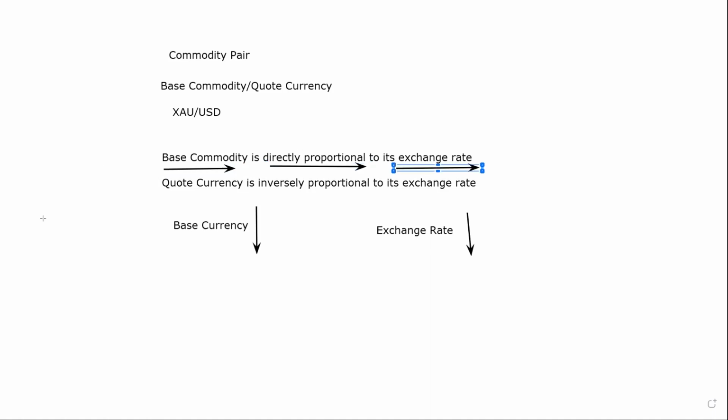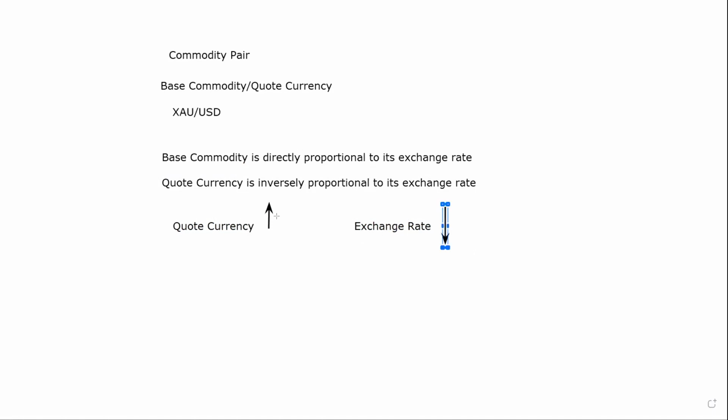Okay. Now we're going to see the quote currency. So, okay, this is a generalized formula. Now quote currency, and we're going to compare the quote currency's relationship with its exchange rate. So you know that quote currency is inversely proportional to its exchange rate. This means that when the value of the quote currency goes up, then the value of the exchange rate goes down.